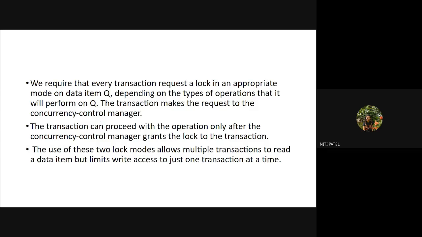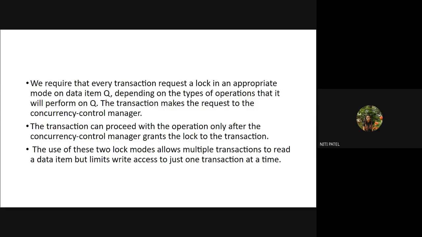So when I say that transaction T1 wants to have a shared lock on data item Q, where will this request go? It will go to the concurrency control manager. This manager will then grant the lock to that particular transaction.